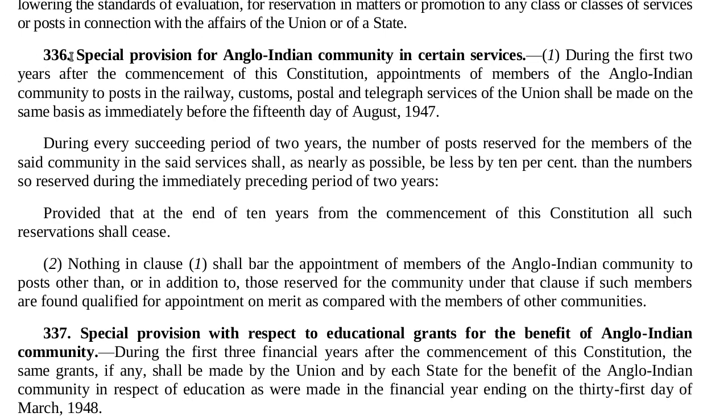Article 336: Special provisions for the Anglo-Indian community in certain services. (1) During the first 2 years after the commencement of this Constitution, appointments of members of the Anglo-Indian community to posts in the railway, customs, postal and telegraph services of the Union shall be made on the same basis as immediately before the 15th day of August 1947.